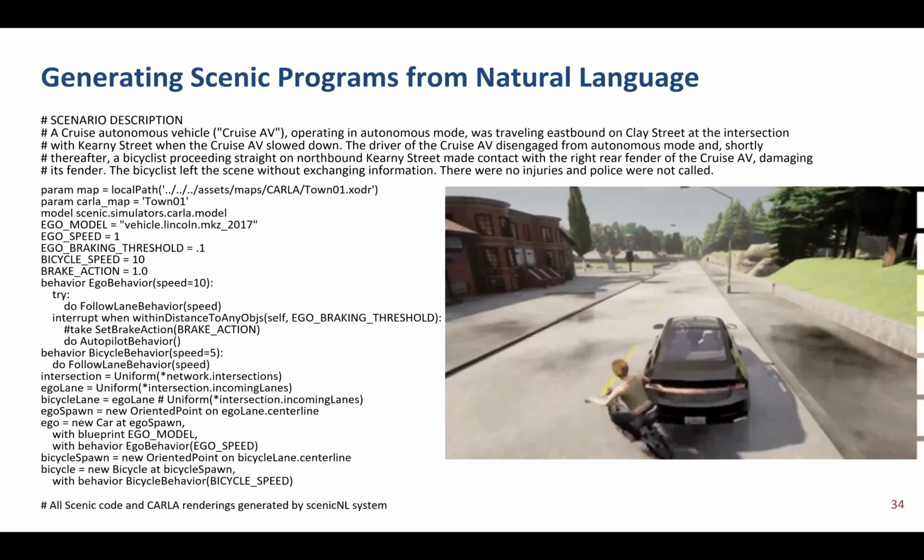So those aspects are there. But there are a lot of details that are not quite accurate. It's not really at the intersection, it's not the right rear fender, and so forth. So Scenic NL was able to generate a lot of these Scenic programs, but they require further review and editing to get them right. But it gets pretty high accuracy of syntactic correctness.